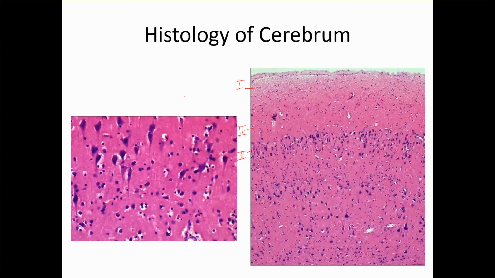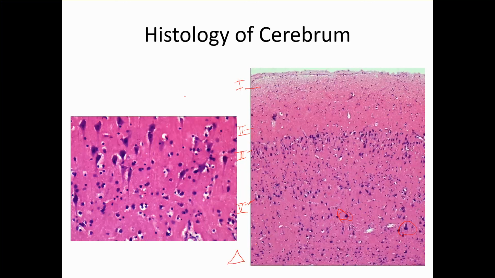Then here, these are all the fifth layer, where I can see the internal pyramidal cells. The cells are large, like this, large pyramidal cells.